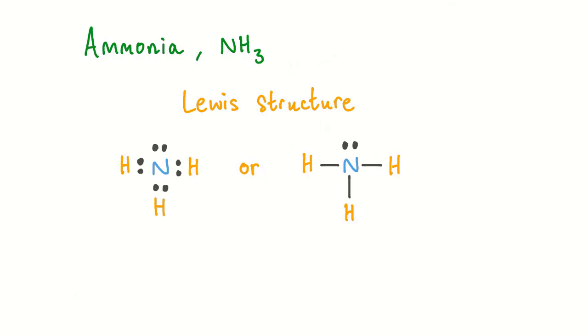Lewis structures may also be used to indicate bonding pairs of electrons and lone pairs of electrons in the molecule. A Lewis structure is a little different to a dot-cross diagram as each pair of electrons is represented by 2 dots. Whether we use 2 dots or straight lines to represent the bonding pairs of electrons in our Lewis structure for ammonia, the lone pair of electrons is always visible.